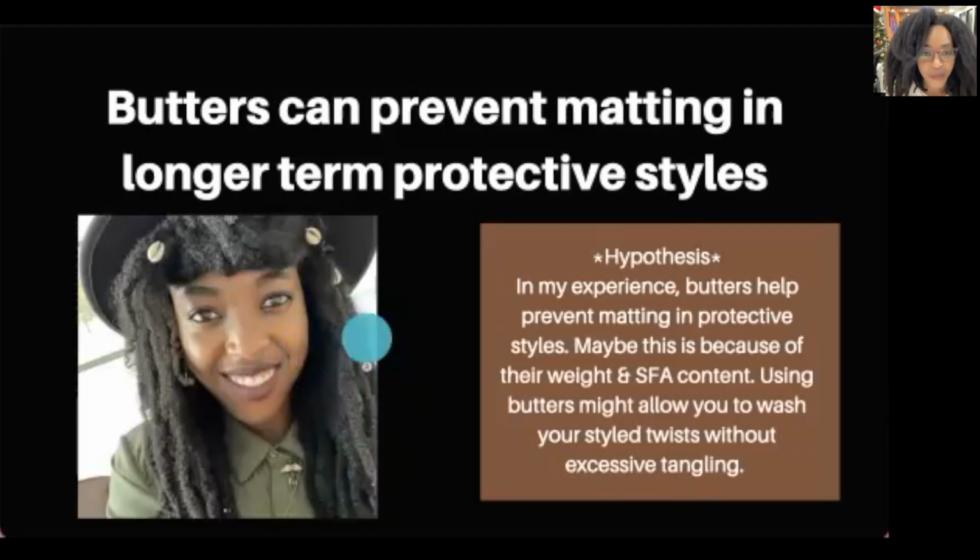And what stopped that from happening was using butters. So I used a thick butter when installing these and also after washing them. And I believe that that really stopped my hair from matting. And it's probably because of the heaviness of the butter and the saturated fatty acid content.